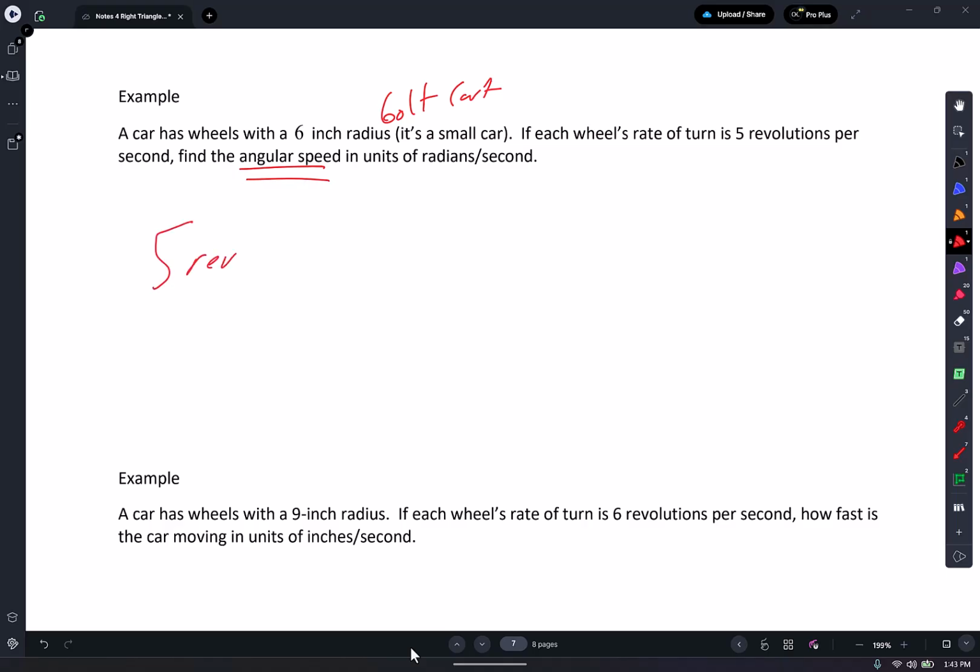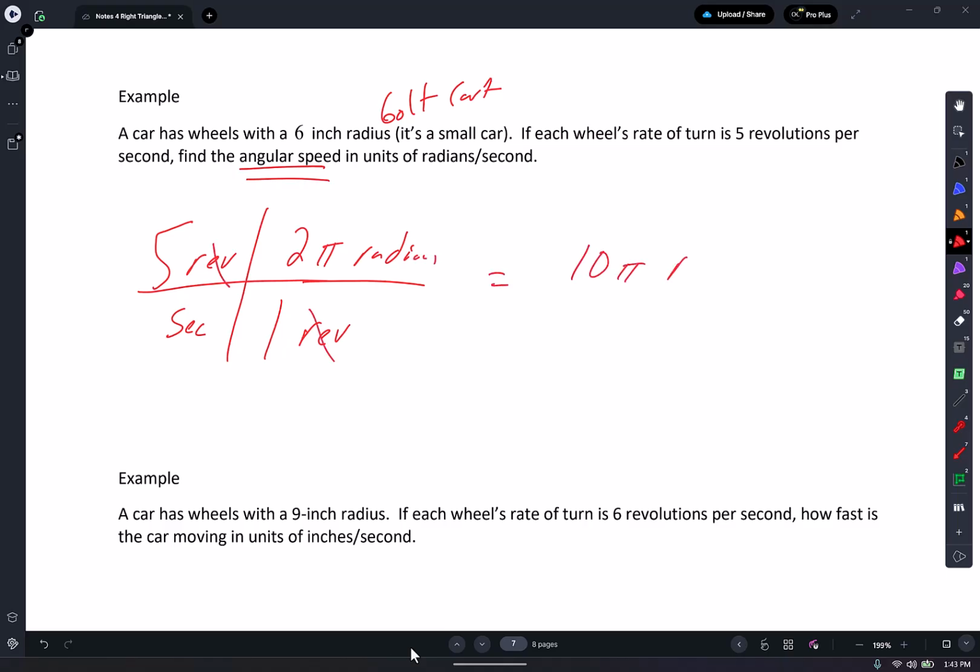Start with, we're going to do dimensional analysis really. 5 revolutions per second. And in 1 revolution, how many radians are there? No, that's degrees. I want radians. 2 pi radians. Revs cancel out. What's 5 times 2 pi? 10 pi radians per second. There it is.